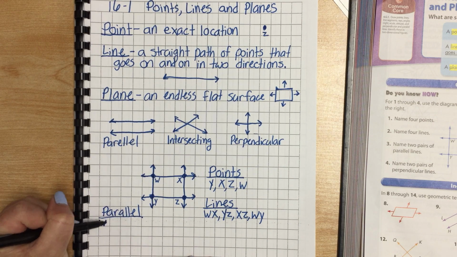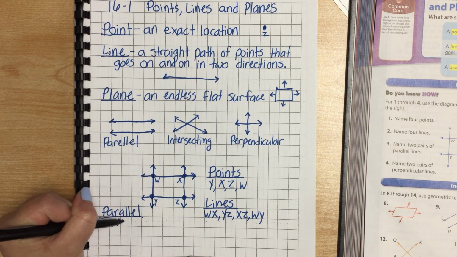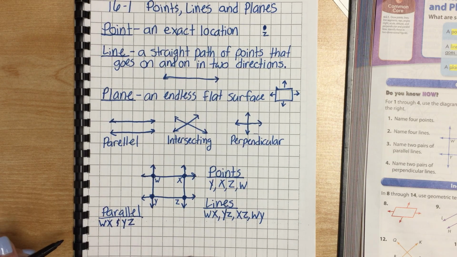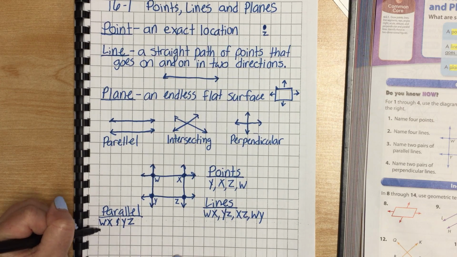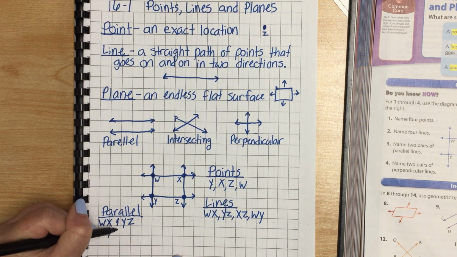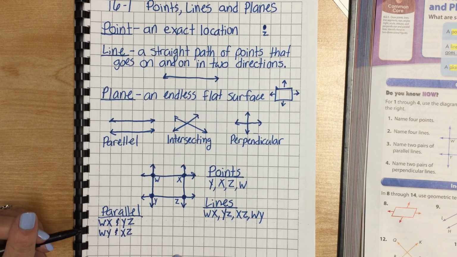So the way I'm going to write it is WX and YZ. That's one set. What would be another set of parallel lines? W to Y, X to Z. WY and XZ. Good.